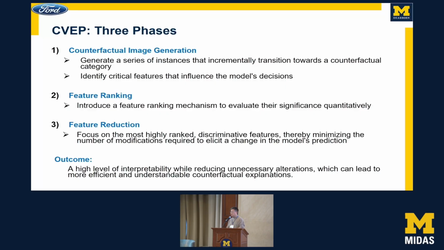So we try to reduce the number of changed features, allowing just the most critical features to change, to see if it can reach the boundary or not. Then we can tell you what the most critical features are. That makes it easy to understand.